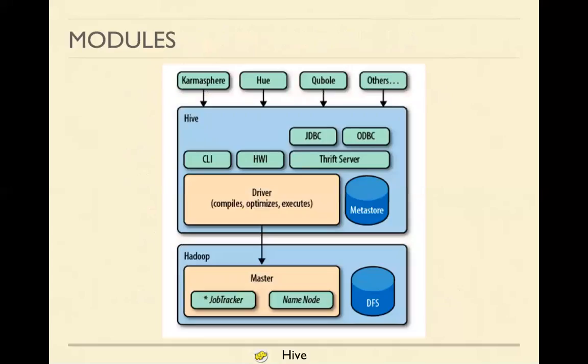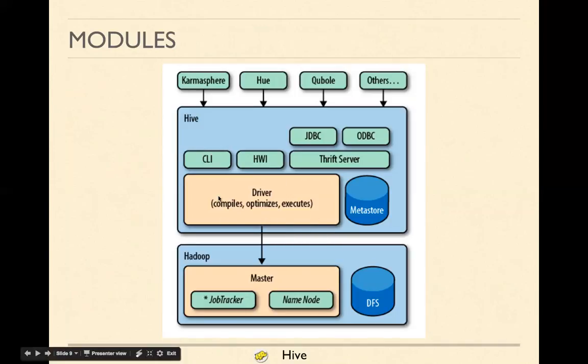The architecture of Hive is like this. Although it is a diagram of Hadoop 1.0, Hive has not changed much. You have Hadoop under the hood, and on top of it we have Hive. This entire thing is Hive. The heart of Hive is the driver, which takes a Hive QL query, translates it into MapReduce, and executes it on Hadoop.